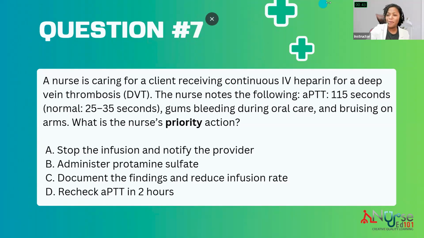Too much bleeding going on. All right, what could solve this problem? Your immediate priority action. If you could only do one thing right now in this moment, what is that one thing going to be? All right. And we're thinking safety, safety, safety, safety.